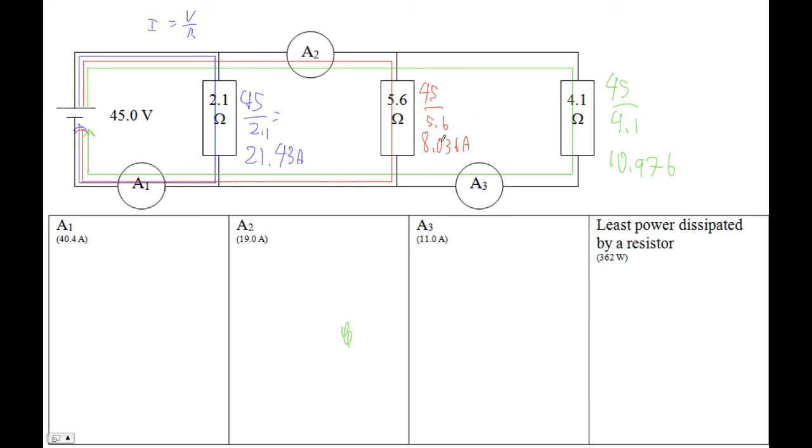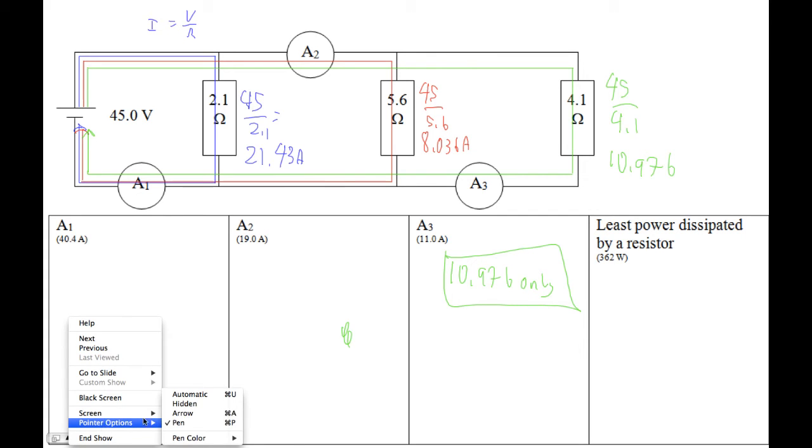All right, now let's take a look at the ammeters here, okay? This ammeter right here reads only that green current, right? So A3 is going to read 10.976 only. Okay. A2 is going to read the red and the blue, right? Let's try black.